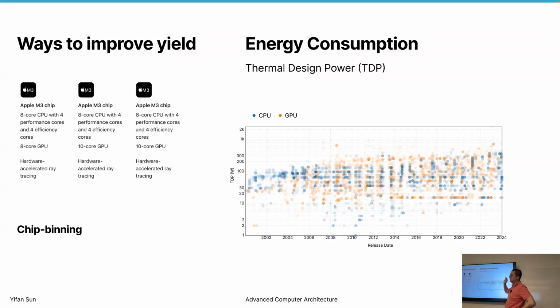But TDP is designed to say, in a typical case, I want my chips to work in this way. Let's say my laptop is running something reasonable, like Figma, Microsoft Word, Adobe Photoshop, then my computer will consume 100 watts of energy. It's the suggestion for what type of cooling method we really need.